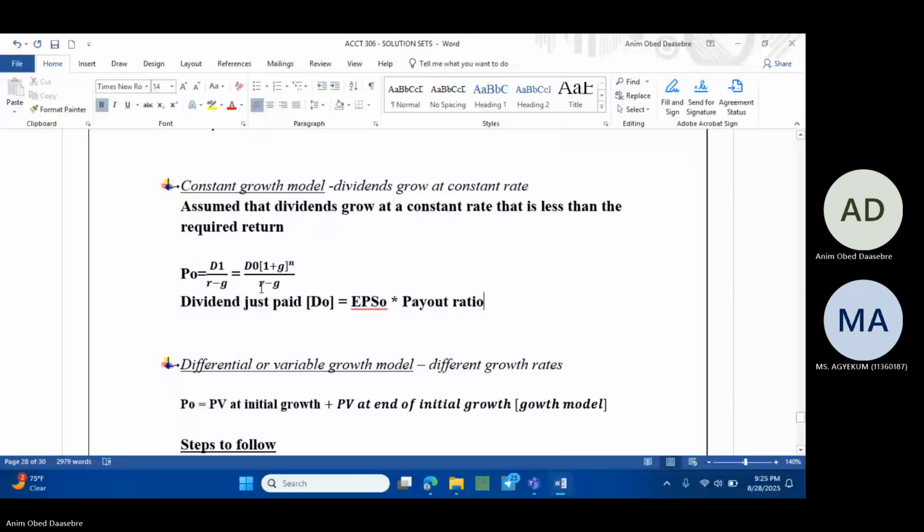Sometimes all the values can be given to you. You can be asked to determine your R, your g, or your D naught. If everything has been given to you and your D naught has not been given, you can make D naught the subject from this whole equation, or better still, use this formula to compute your D naught.